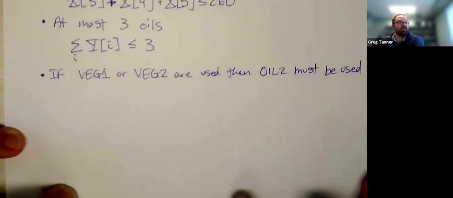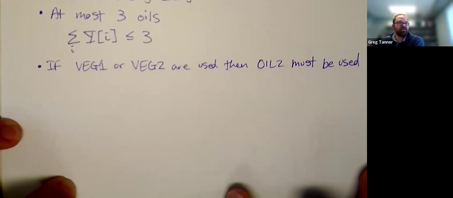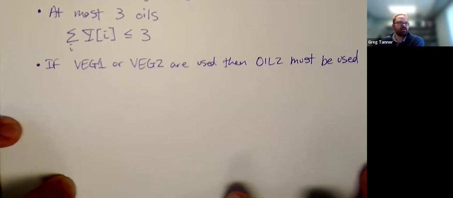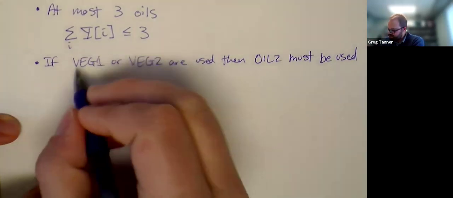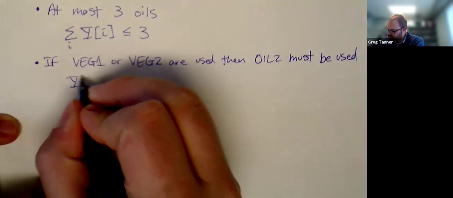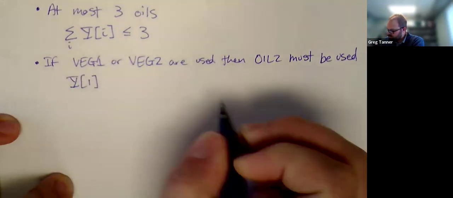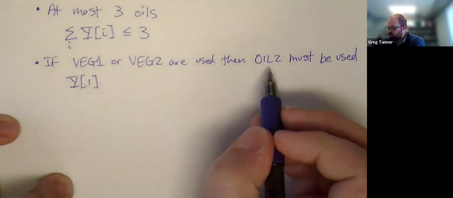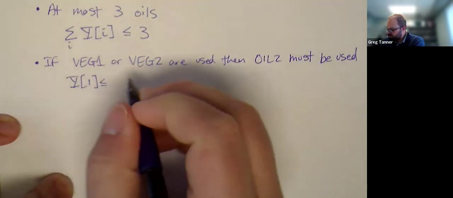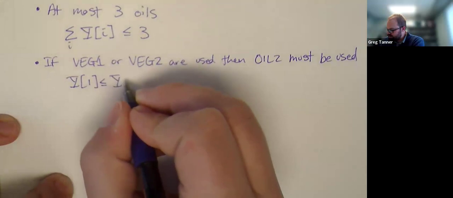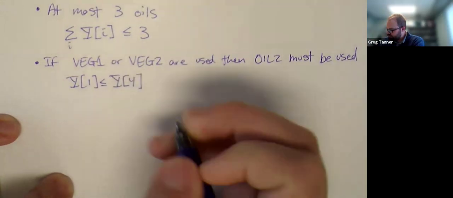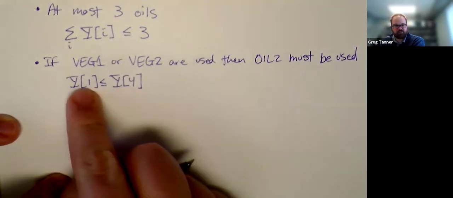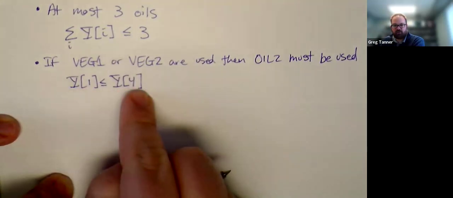There's maybe a couple different ways you could encode this. I just did it as two separate constraints. Veg 1 is y1 and oil 2 is y4. If I just do it, y1 is contingent, or y1 forces y4.